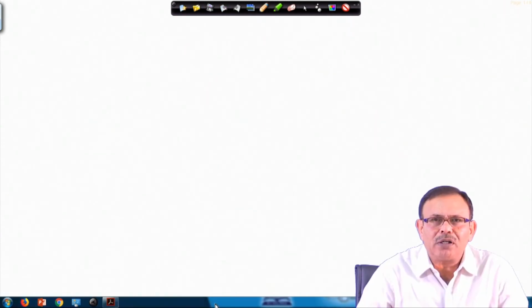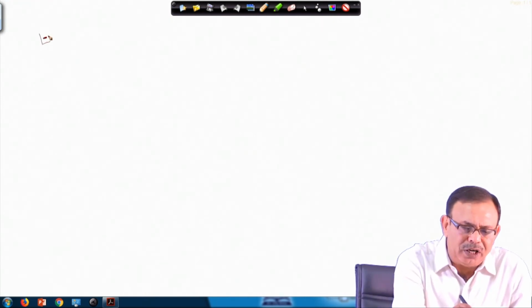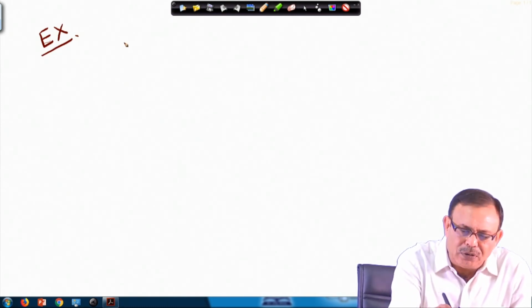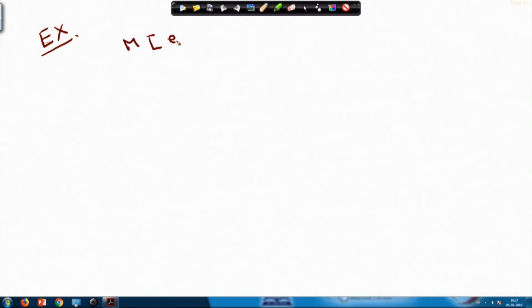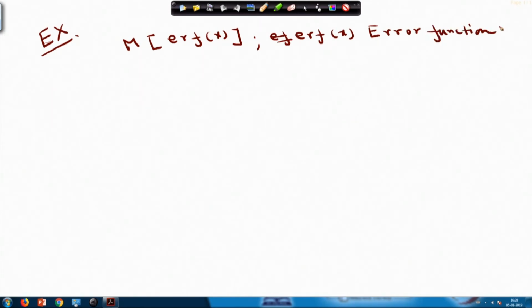So, now let us take the next example. The earlier example was on the sine integral function. Now, let us take the error function, that is, we want to find out the Mellin transform of erf(x). Again, erf(x) is the error function, and if you recall, we already discussed the error function when we started with the Laplace transform.